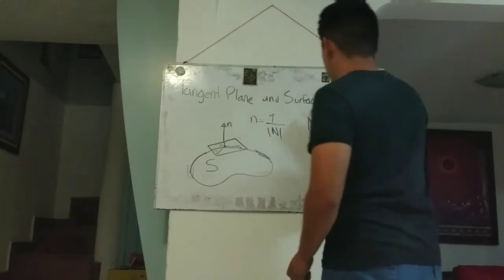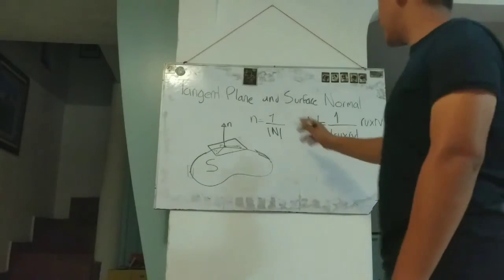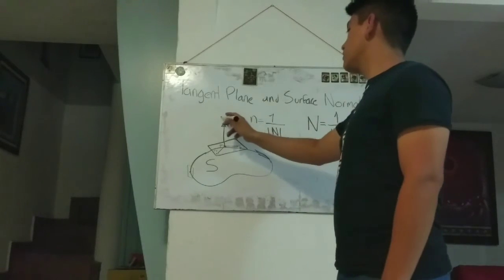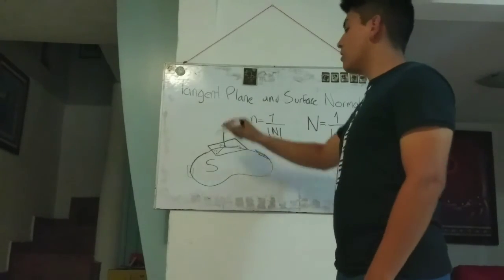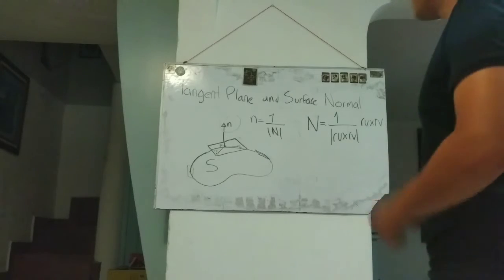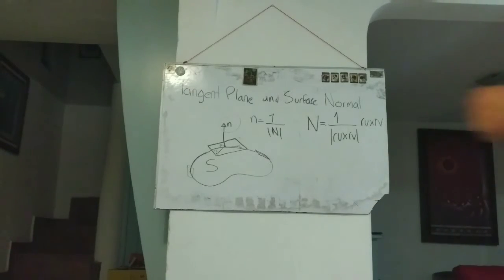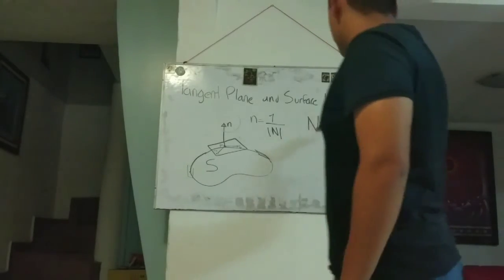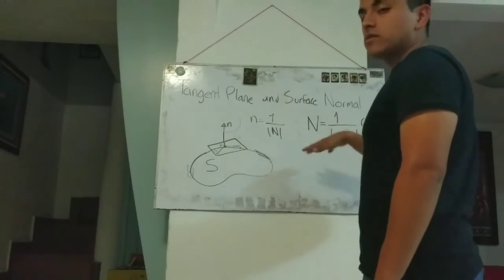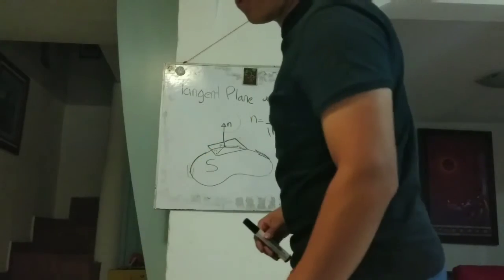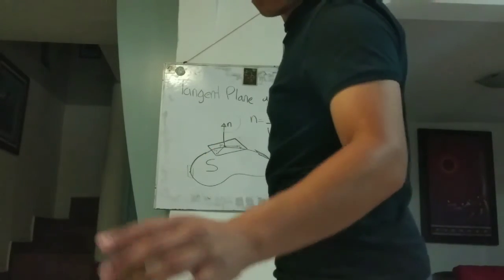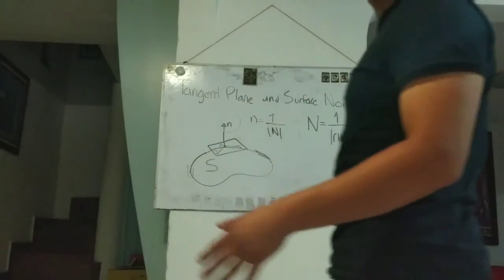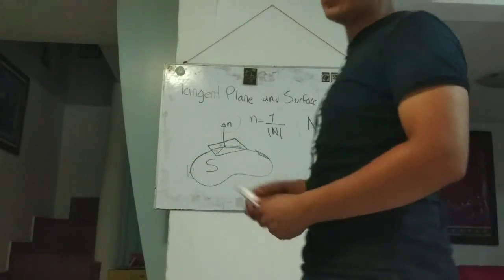This is how we get N, and 1 over the absolute value of N is going to give us the unit normal of the tangent plane. This theorem is going to be used to get our surface integrals, or triple integrals, our stroke integrals, and another integral that we're going to see in the next video.